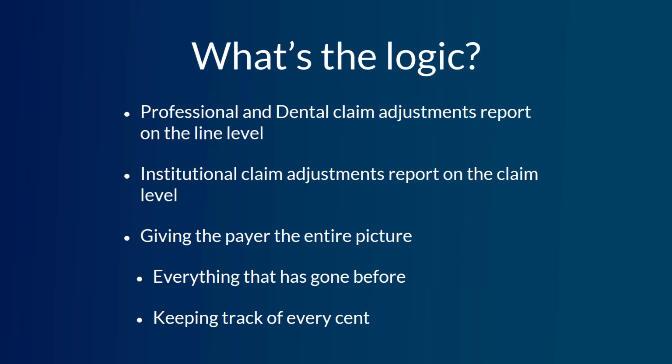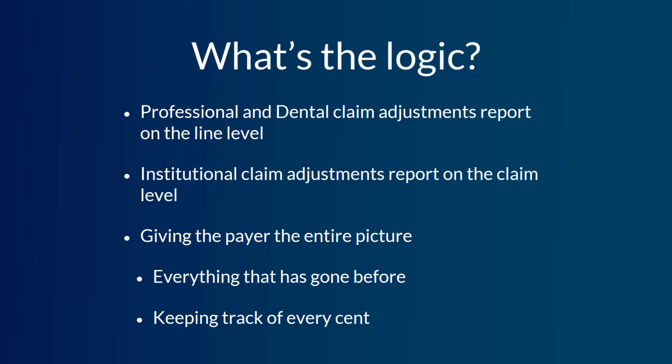Now, one of the most common complaints that I hear about coordination of benefits is that it's a lot of information, and that is true. But the reason that a lot of information is required is because we need to give the coordination of benefits payer, secondary, tertiary, whatever, the entire picture of what has gone before. So when you're putting together a coordination of benefits claim, maybe ask yourself, have you left anything unaccounted for?